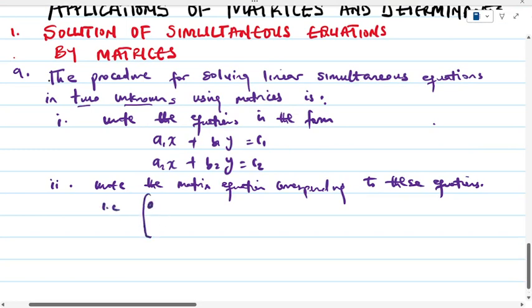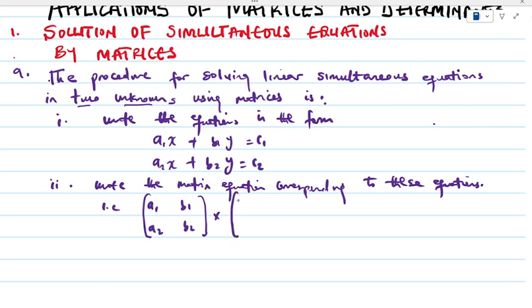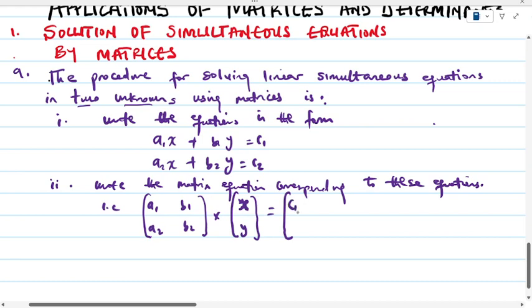The coefficients, that is a1, a2, b1, b2. Then the unknowns, that's your x and y. Then your result, that's your c1, c2.